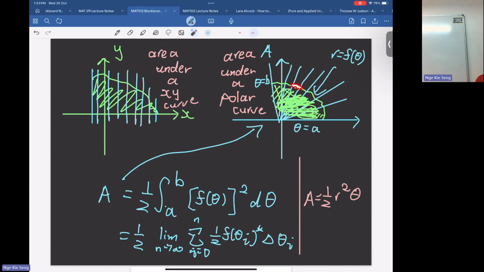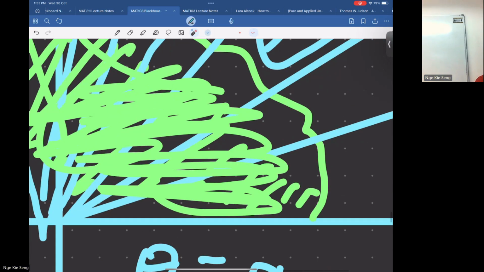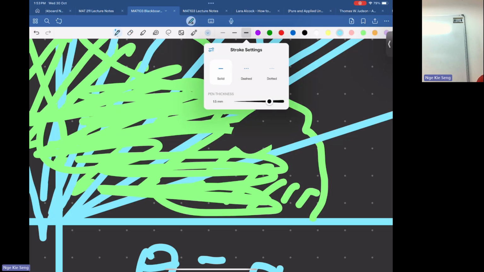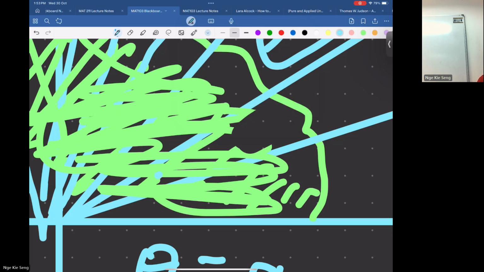Can you imagine it? Or do you not believe me? When I can cut it more, how do I cut it more? Like this. Can you see that this portion here will look more like part of a circle?